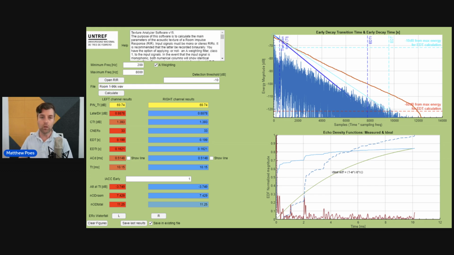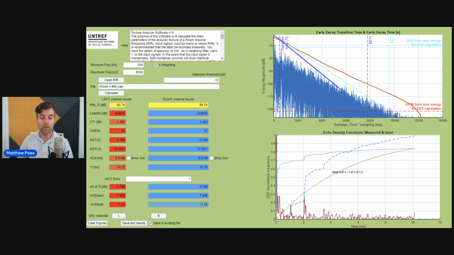Total includes early reflections. And if we look over at the EDF, normalized magnitude, we can actually see what these early reflections look like. So in the function here, we see that there's a bunch of early reflections, but there's also some later reflections in time. But we can also see it's a really, really dead room.